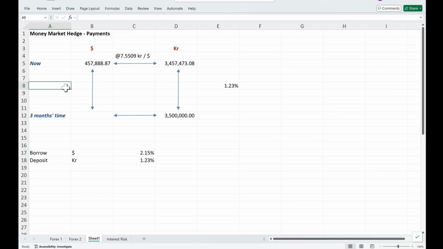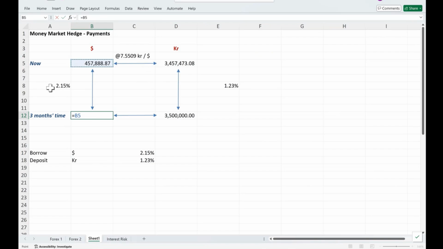That means on the loan that I borrow, I have to pay 2.15% interest as well, as my cost. So if I include that much interest, I have to repay the loan in my local currency as well. So with interest, how much do I have to pay back? Okay, let's work it out. That's the money we borrow today. I have to add this. I mean, I need to do compounding.